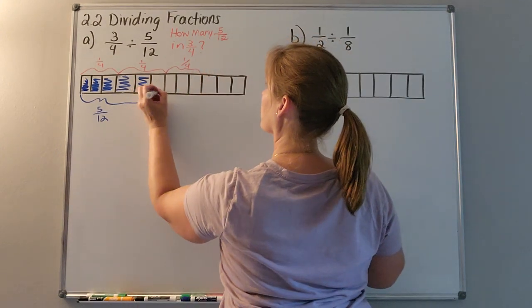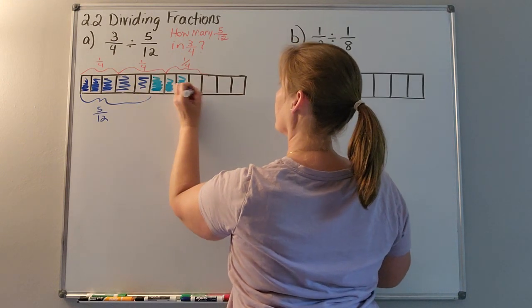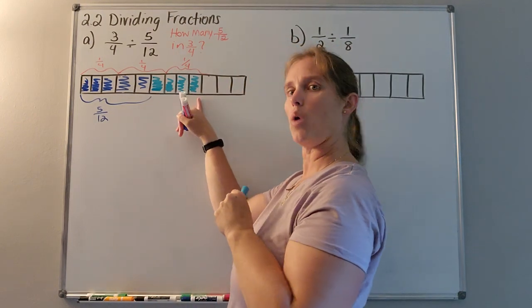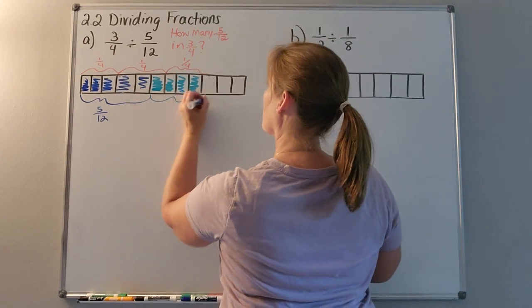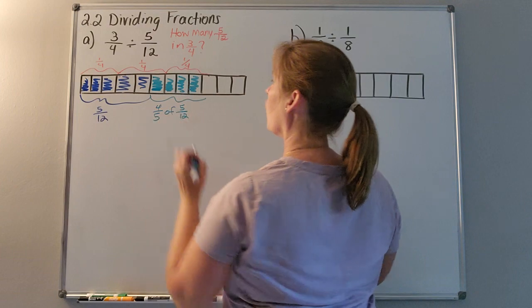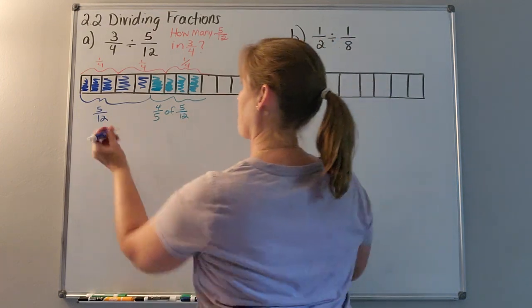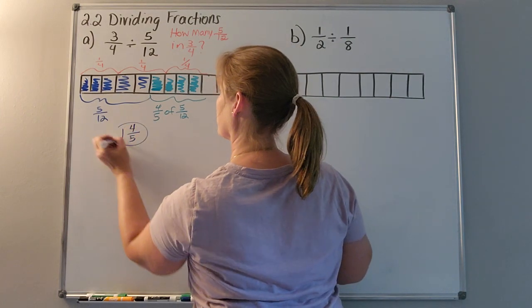Well, I'm going to color it in a different color. 1, 2, 3, 4. I ran out. So I have 4 out of 5. I have 4/5 of 5/12. Or in other words, I have 1 whole 5/12 and 4/5 of another. So 1 and 4/5.